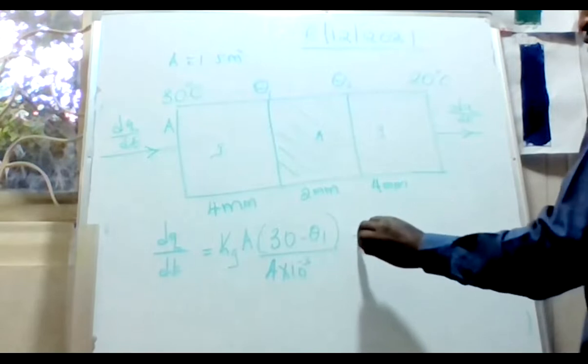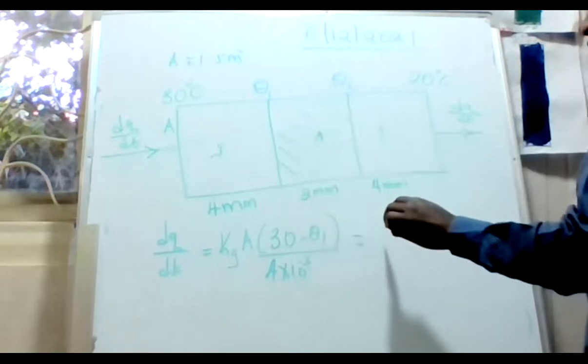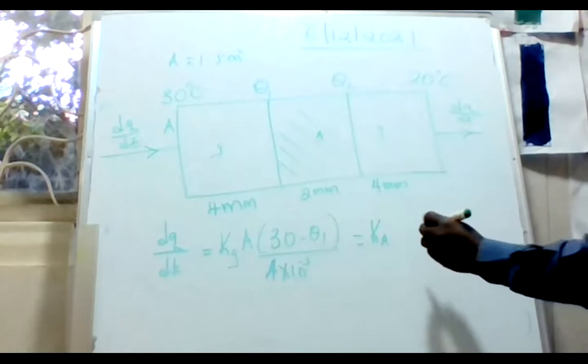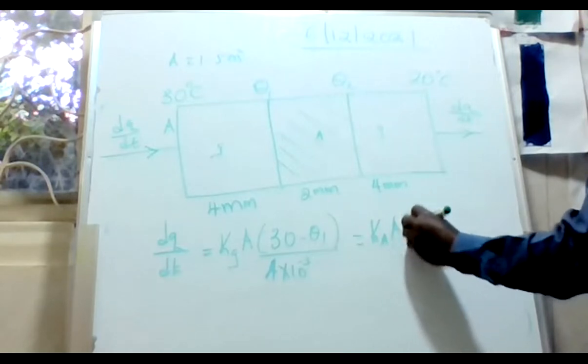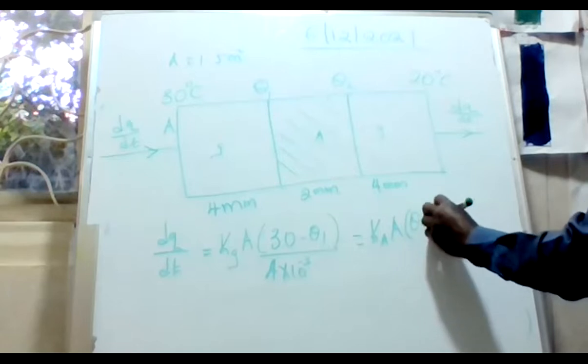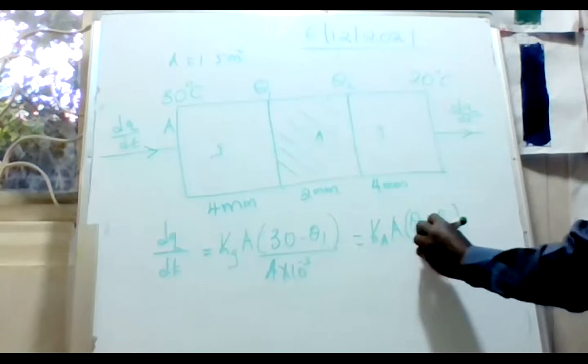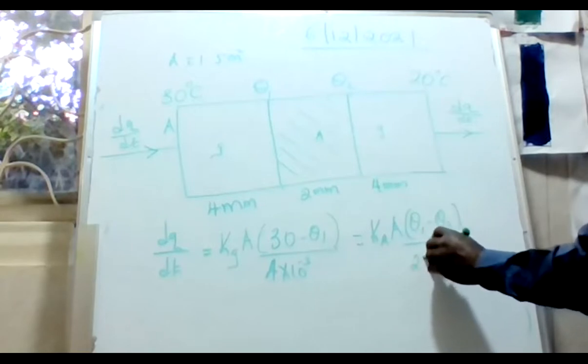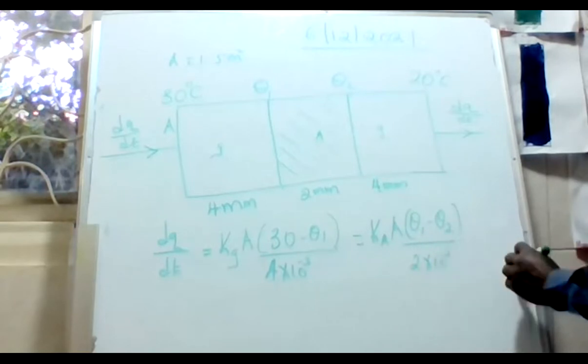This is equal to the rate of heat flow at that point, which is the conductivity of air times the cross-sectional area times the temperature difference theta 1 minus theta 2, divided by the thickness, 2 times 10 power negative 3.